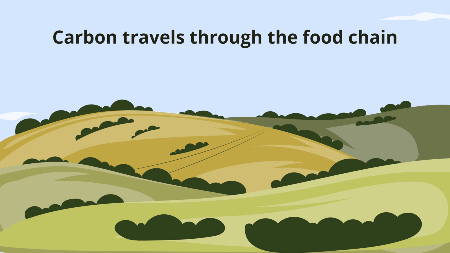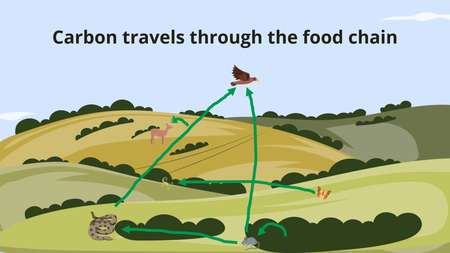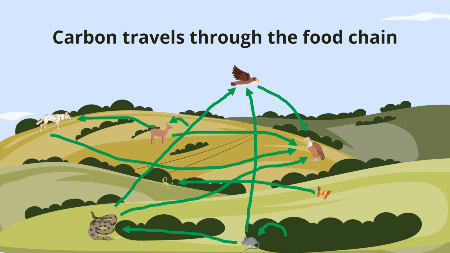So once you get carbon inside of an animal, it can travel all throughout the food chain. I'm sure you've seen this before. It's a food web. Basically, the carbon that was inside of the plant, say, the mouse eats the plant. The snake eats the mouse. The snake now has that carbon.